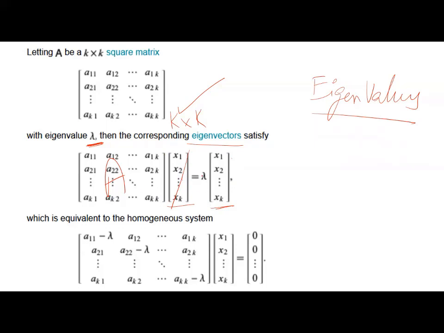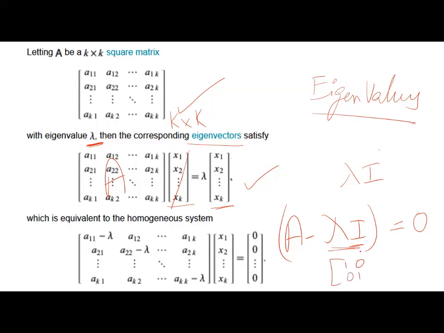This is the formula, which is equivalent to the homogeneous system: A minus lambda I into x is equal to 0. Lambda I is the unit matrix, that is 1 0 0 1 for a 2 by 2 matrix. That is what we have written here, my dear friends.